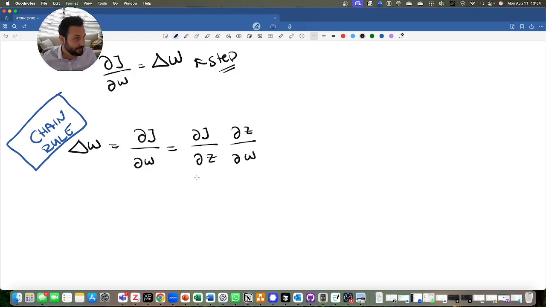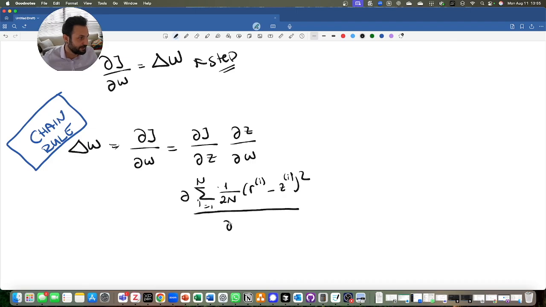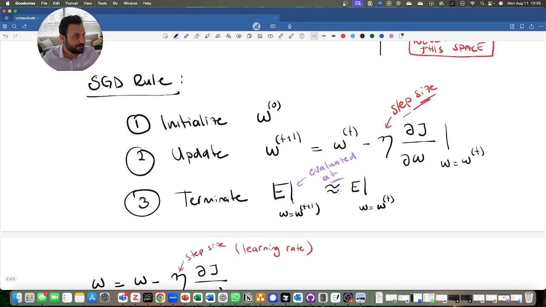So my dJ over dZ is d of the sum from i equals 1 to capital N, 1 over 2 capital N, (r_i minus z_i) squared, divided by dZ, times, what was the dz and dy?